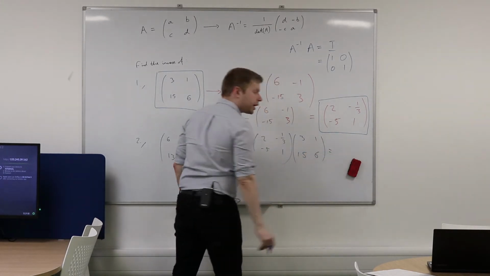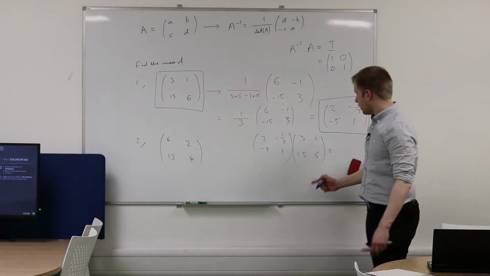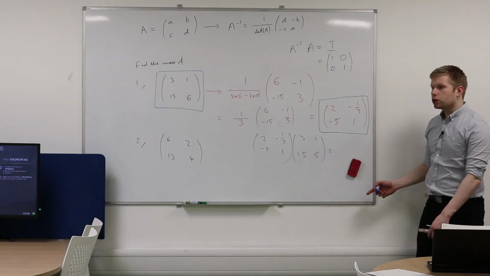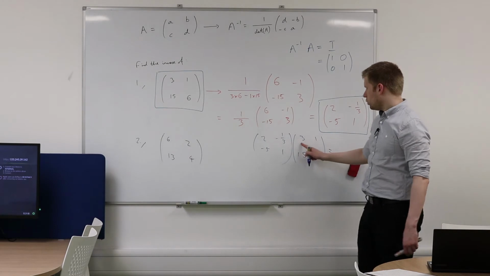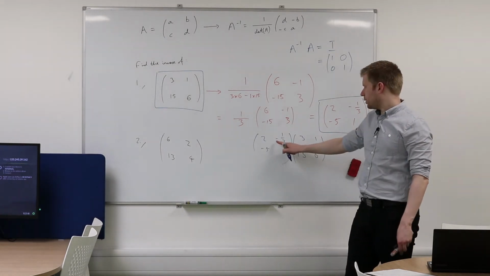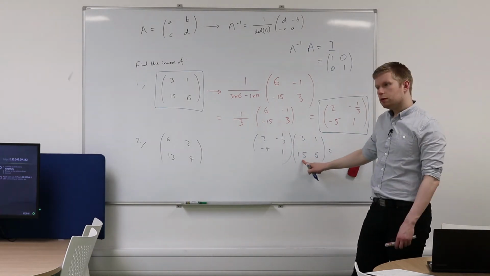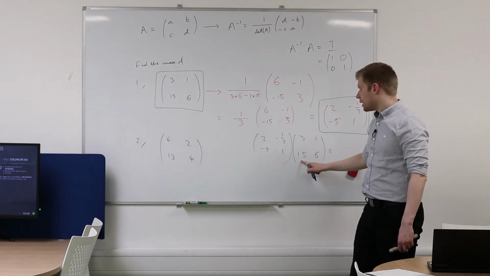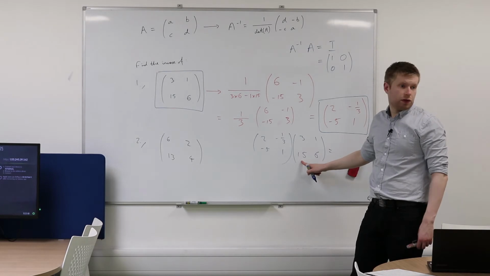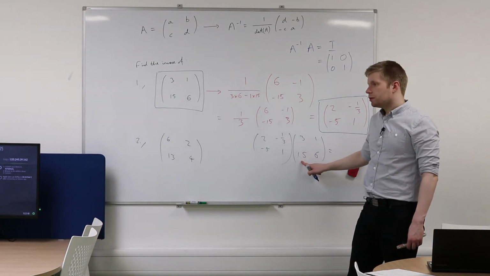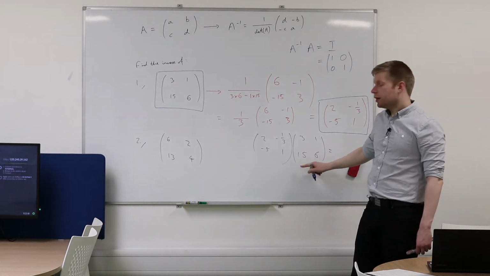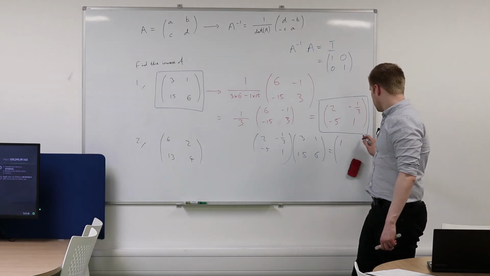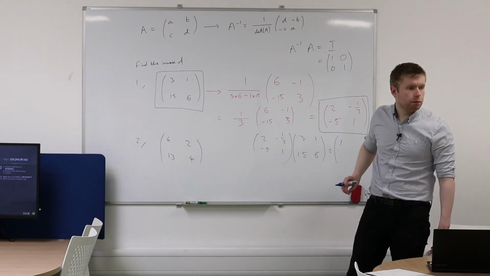If I multiply those two matrices together, can we check to make sure we get the identity? So 2 times 3 plus negative a third times 15. Okay, so 2 times 3 is 6, and then I'm taking away 5, because 15 divided by 3 is 5. So 6 take away 5 is equal to 1. You happy with that?